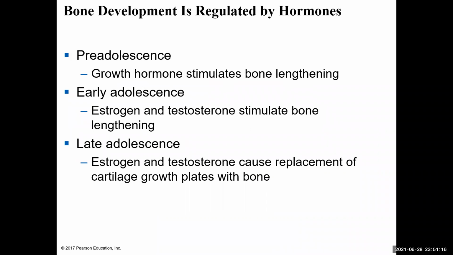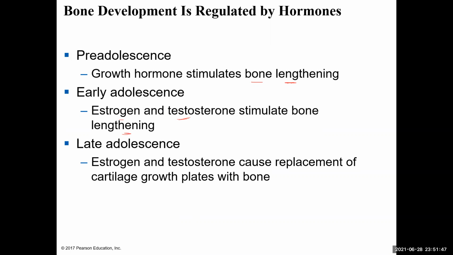All right, so in pre-adolescence, whenever your skeletal system is forming, you have growth hormone that's basically stimulating the bones to lengthen. Whenever you are in your early adolescence, your estrogen and testosterone hormones will continue to stimulate that bone lengthening.